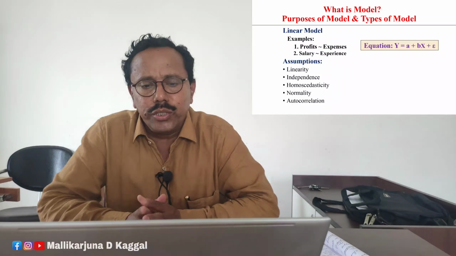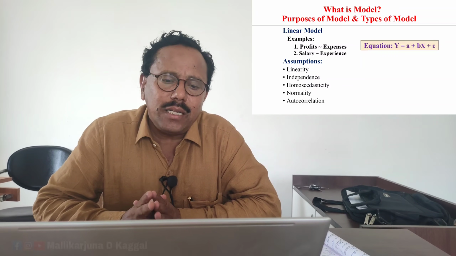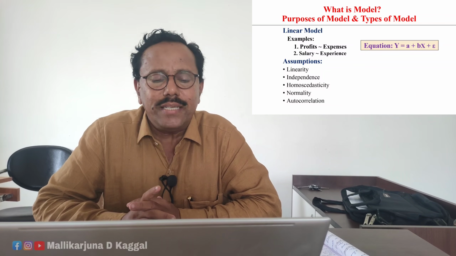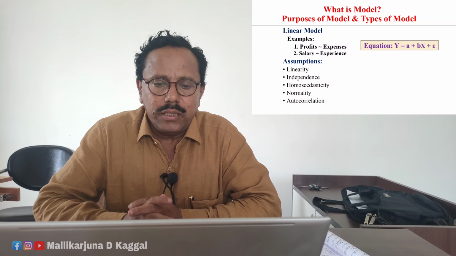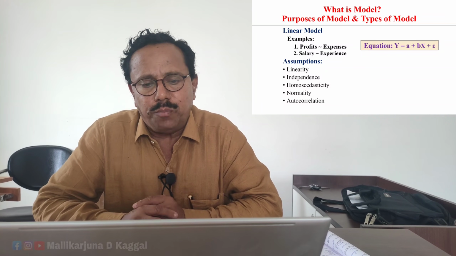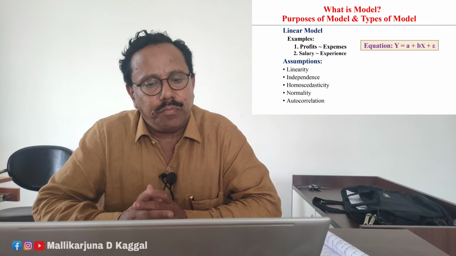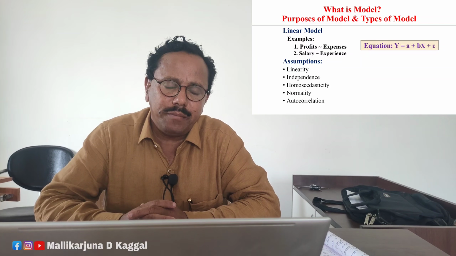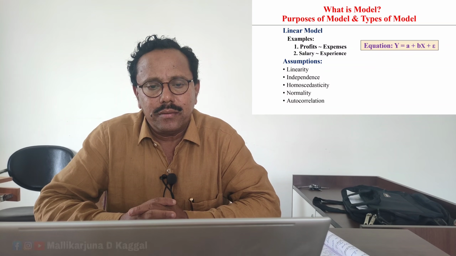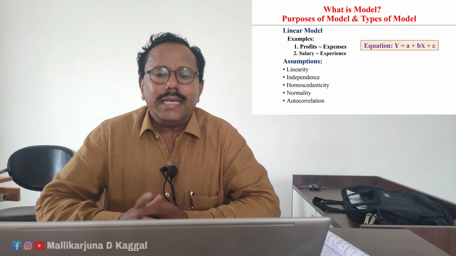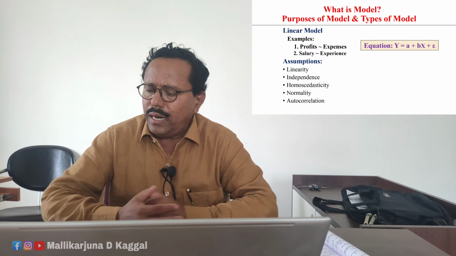A model is also used to illustrate the theories. These are the purposes behind the usage of a model. But from our point of view, we are using the model for testing hypothesis, for supporting our decision making, and also for prediction.